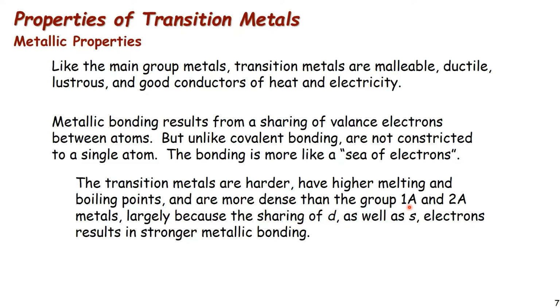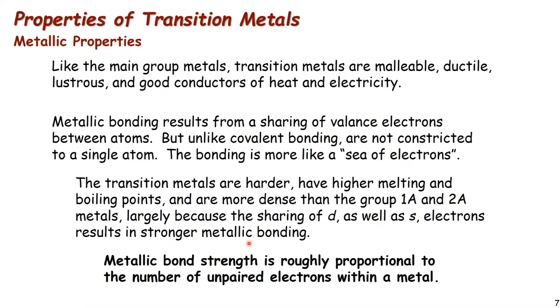But the d-block transition metals, on the other hand, because they have all these d electrons and the s electrons being shared between the different atoms, they have much stronger bonding. So the metallic bonding is much, much stronger in the transition metals than it is in group 1A and 2A, because they have those unpaired d electrons, which allow them to be shared.